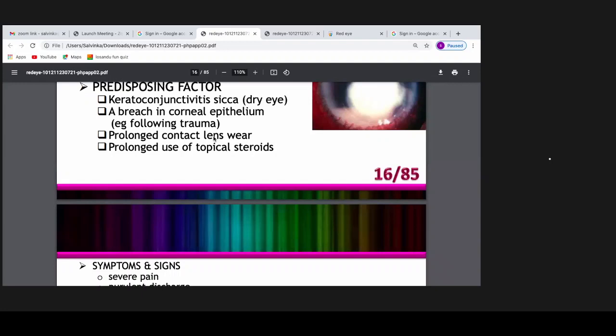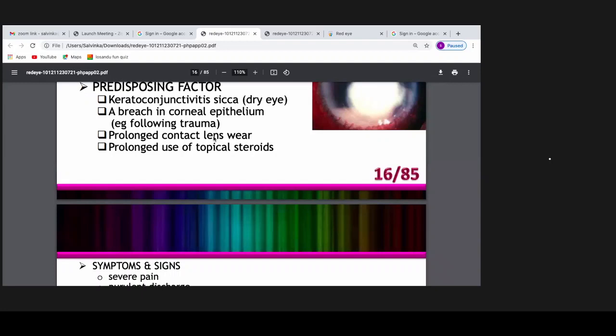The next, redness. I told you sometimes you can get redness around this area, right? Circumcorneal inflammation. That is usually due to inflammation inside, maybe uveitis, maybe acute angle closure glaucoma.